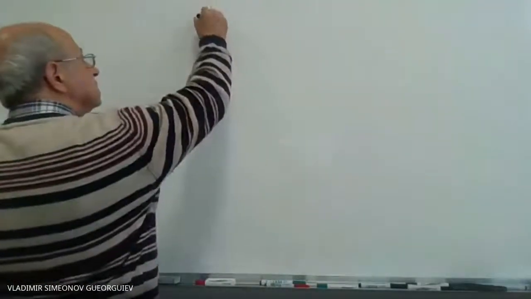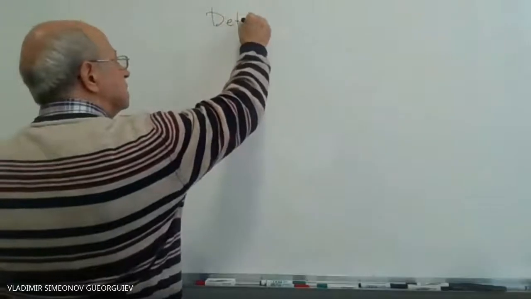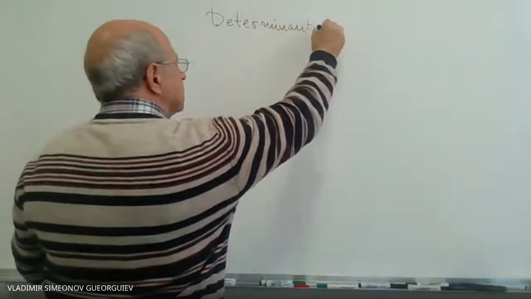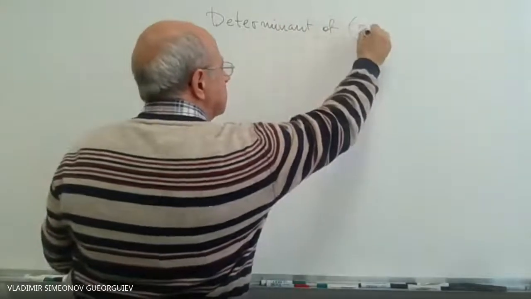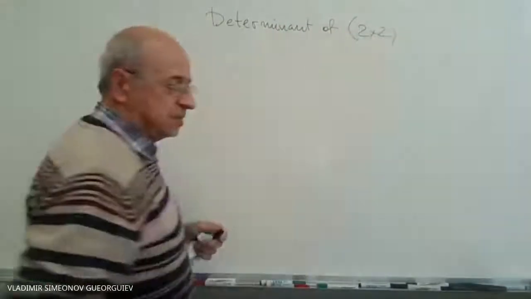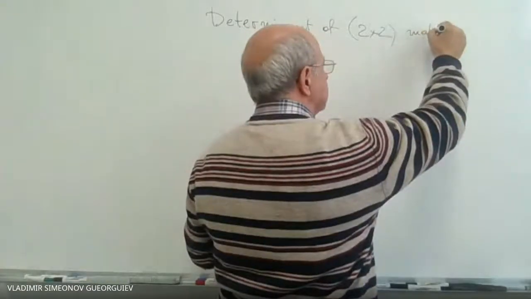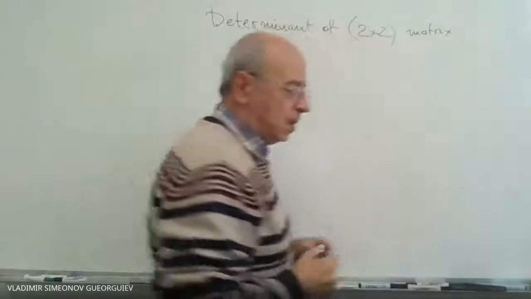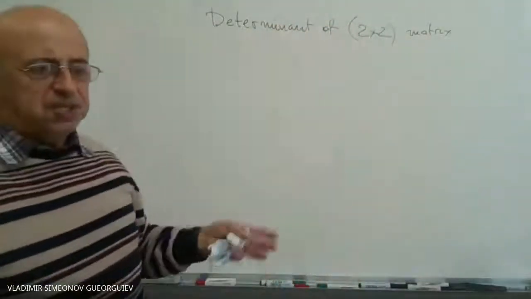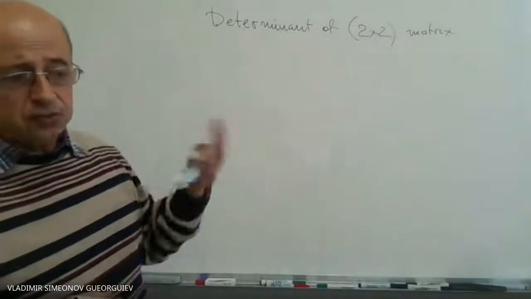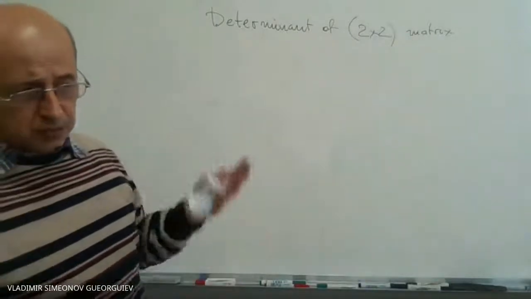Determinant. We are speaking for the moment only about 2 by 2 matrices. Further, it can be seen this determinant can be defined also for 3 by 3, 4 by 4, and so on matrices.